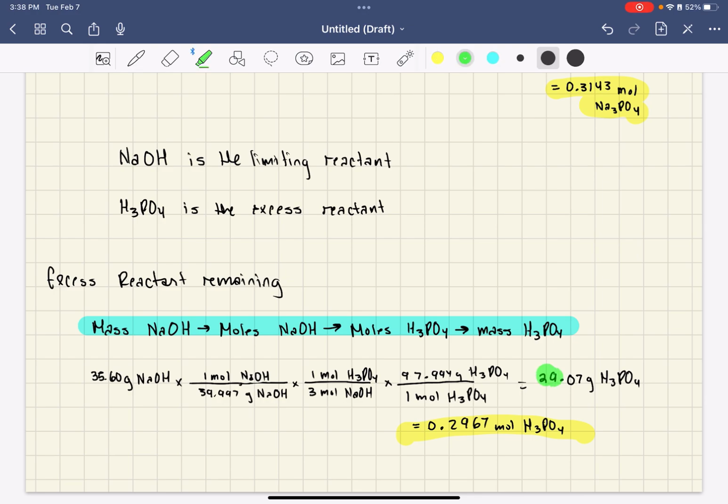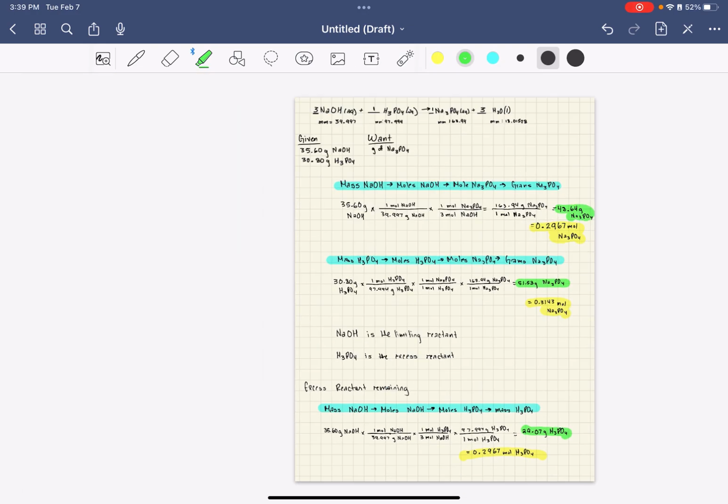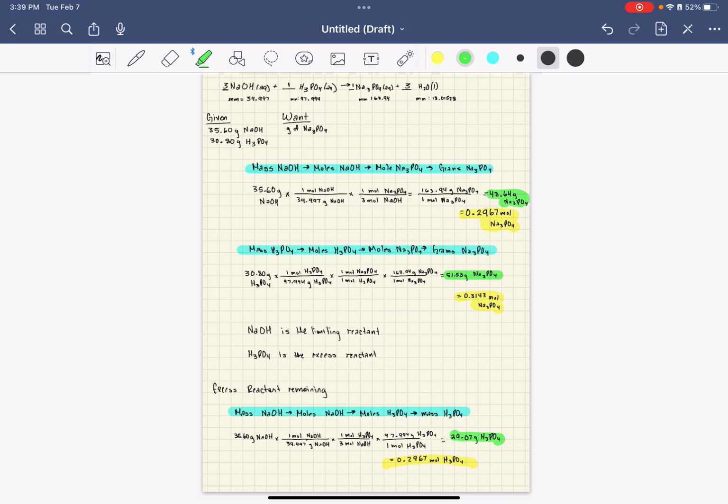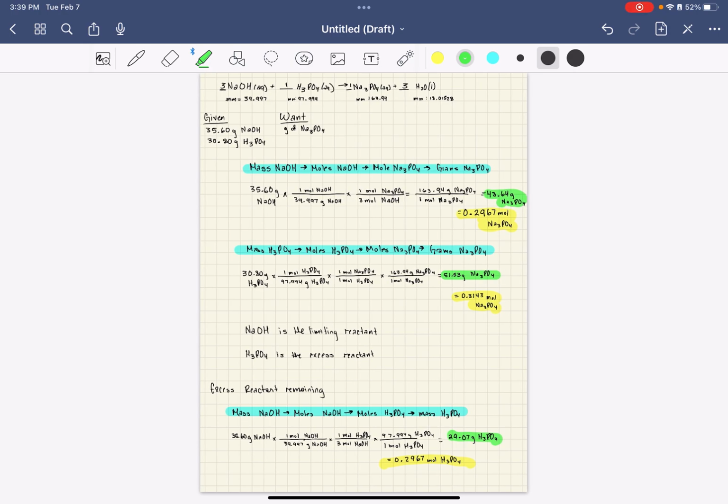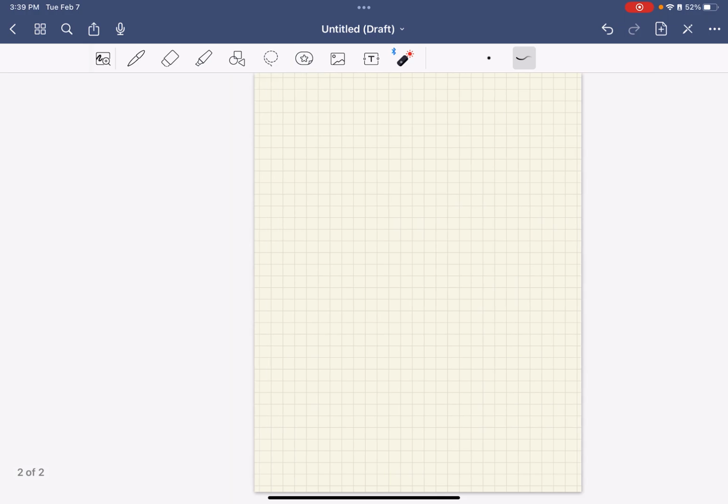Okay, highlight it. So what we're going to do here, to get the excess remaining, is take this number and subtract it from the excess reactant that was given to us, the grams. So here I'm going to move on to the next page. I will be going back and forth.